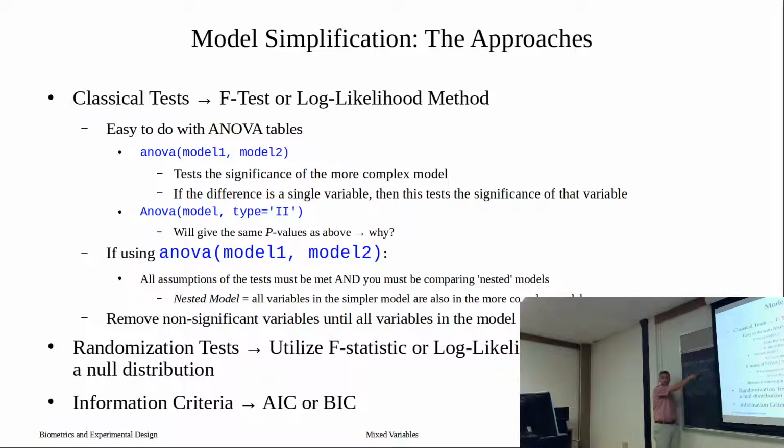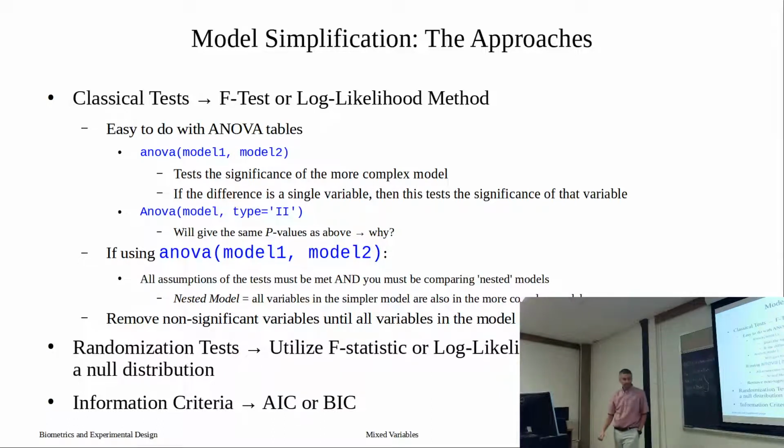This is a nested model of this one, and it's a nested model of this one, because the terms are still in there. This one is a nested model of this, and it's a nested model of this. Again, this vitamin C equals date appears in both of these. But these two are not nested models. This is not nested within this model. Cultivar only is not nested within a date only model. So our classical test can't compare these.